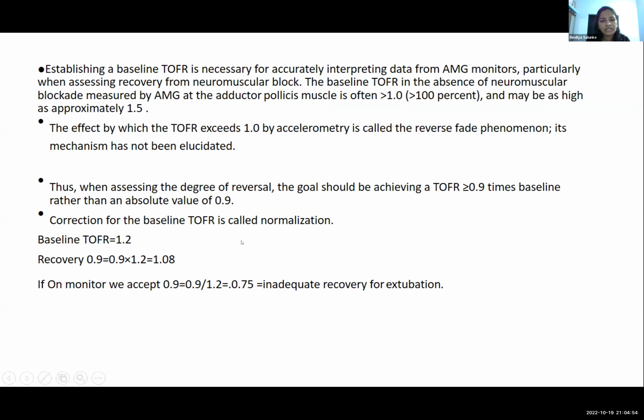This is called normalization. If the baseline train-of-four ratio was 1.2 and I require 0.9 of it, then about 1.0 should be there on the monitor to say it is adequate recovery. If we consider 0.9 on the monitor, then it will be 0.75 in actual, and it will be inadequate recovery for extubation.